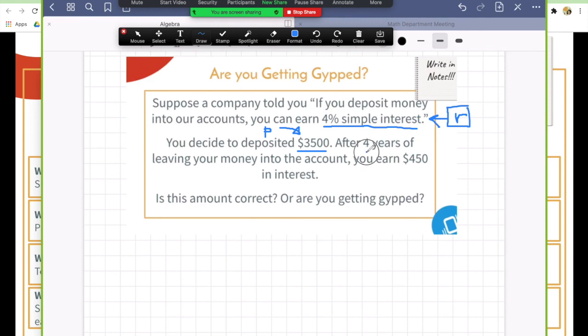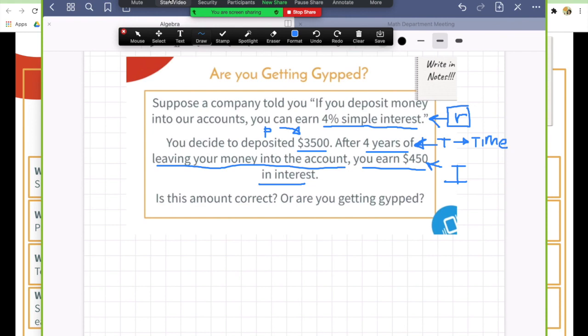And then after 4 years of leaving your money in the account, this 4 years should represent your T, because that is the amount of time that you took. So this is time. And then the last one is you earned $450 in interest. Now this one will be your I, your interest here. So is this amount correct, or are you getting gypped?